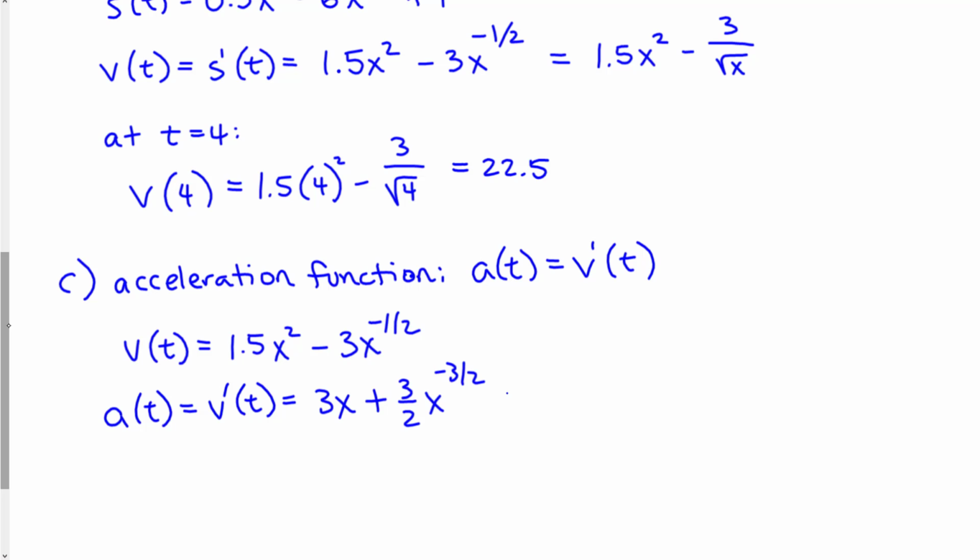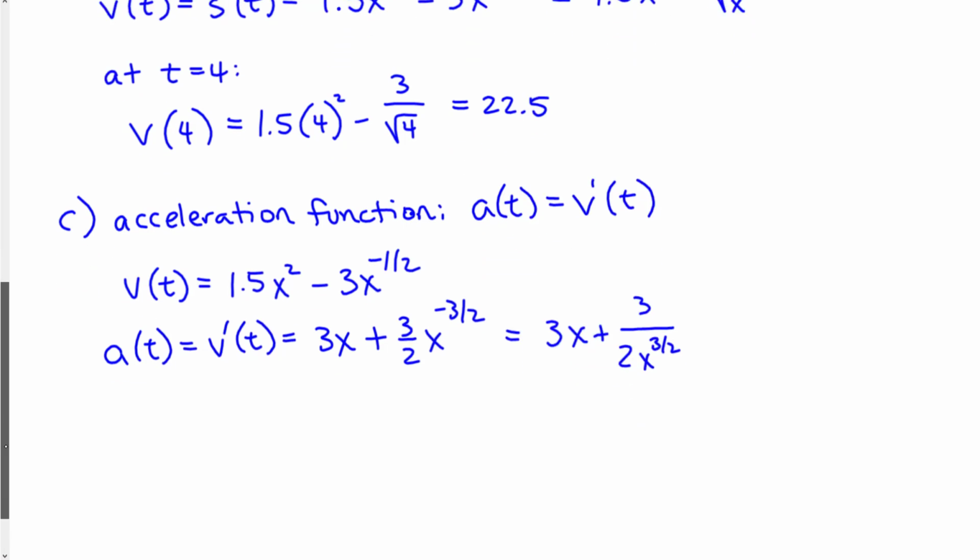So it looks like I have 3x plus, sorry about that, 3/2, so then it's x to the 3/2 power. So what I'll do is write it as 3 divided by 2x to the positive 3/2 power.